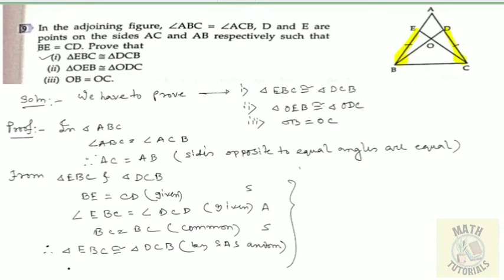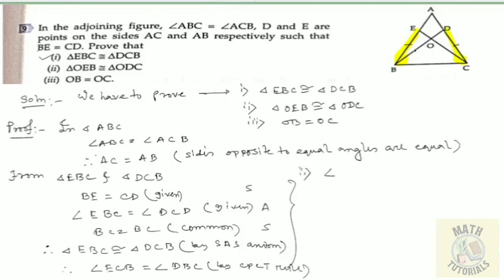These two triangles are congruent, therefore their corresponding parts will be equal. Therefore we can write angle ECB is equal to angle DBC by CPCT rule. Now we solve number 2.